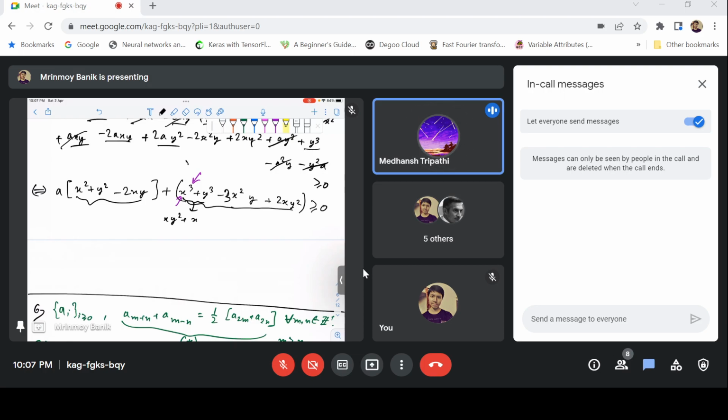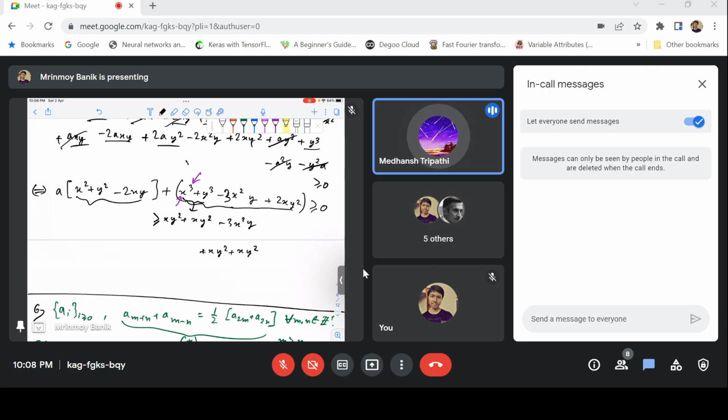I'm saying we can write 2xy squared is equal to xy squared plus xy squared, right? Now we can simply write x cube plus y cube minus 3x squared y plus xy squared plus xy squared, right? Yeah.